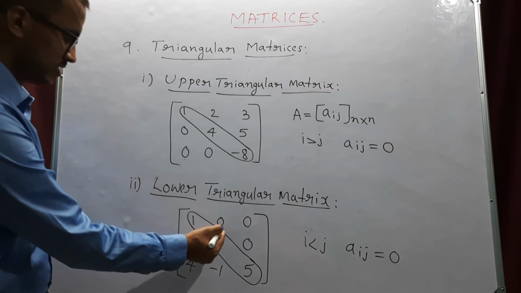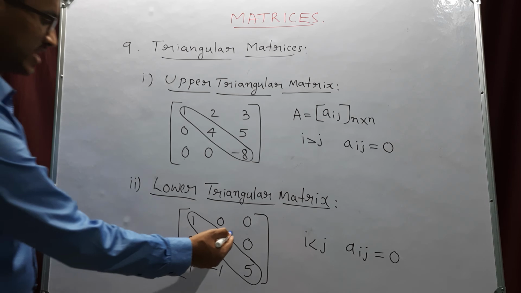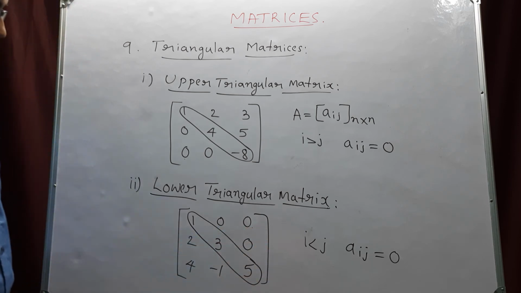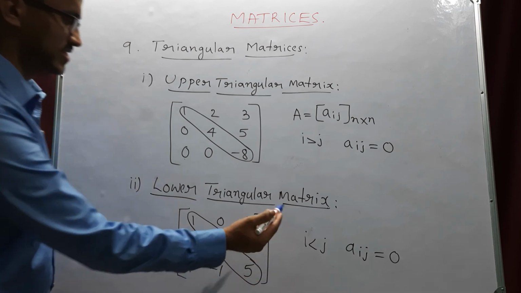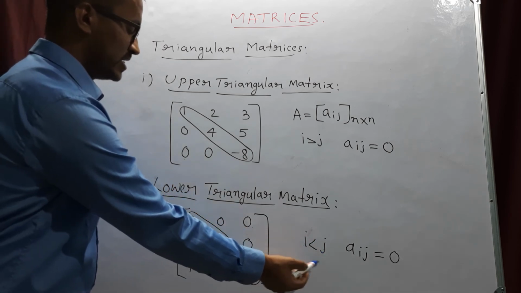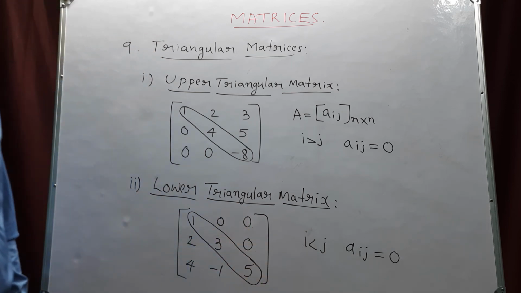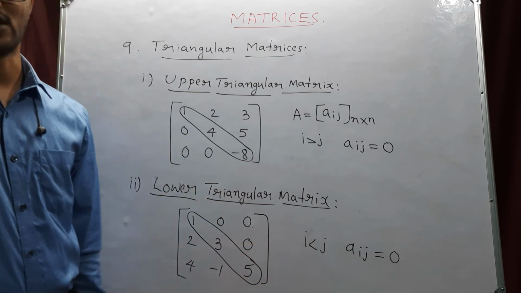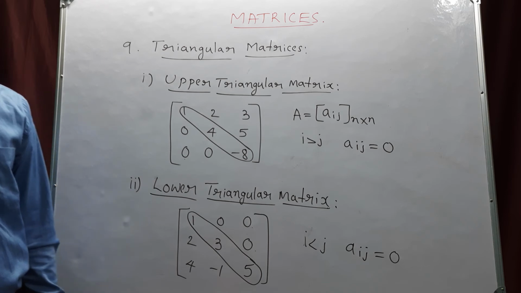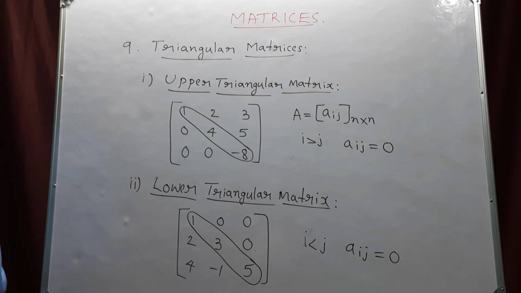See here, A12 is 0, A13 is 0, A23 is 0, which means j is greater than i. In such cases the value of the element is 0, and we call it a lower triangular matrix.